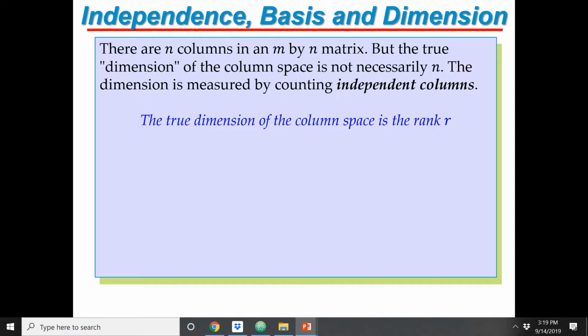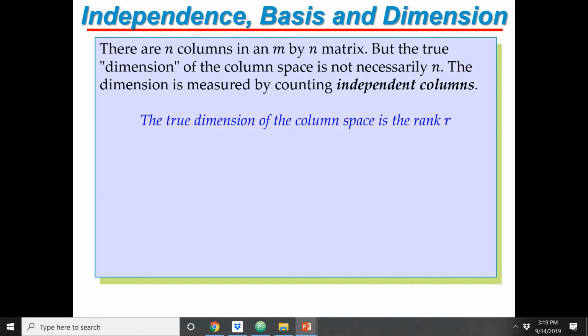So when you do elimination, a lot of these rows become zero. The true dimension of the column space is really the rank R of the matrix, and that's where the idea of independence of the vectors comes from.